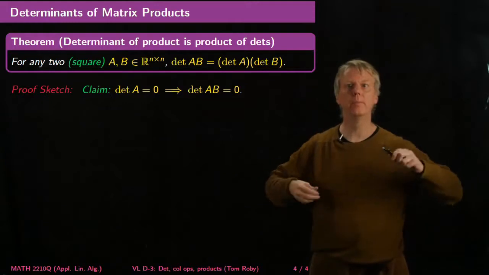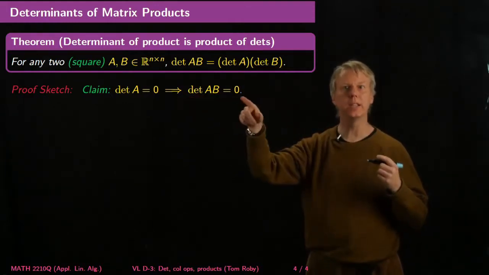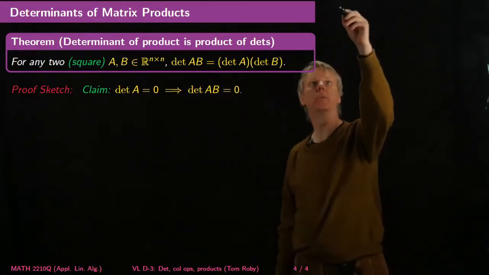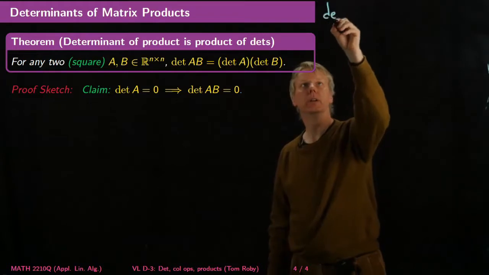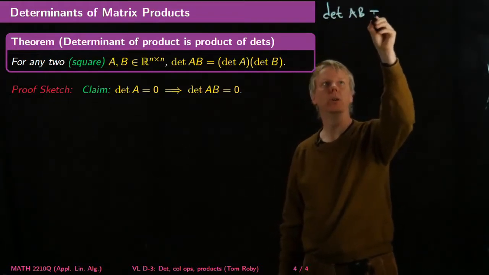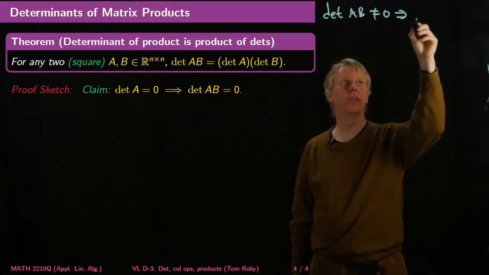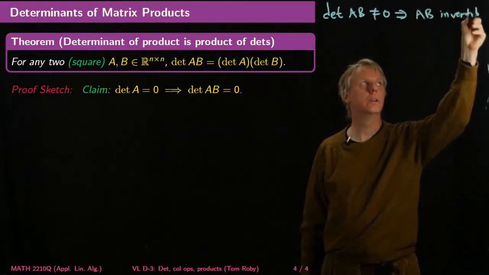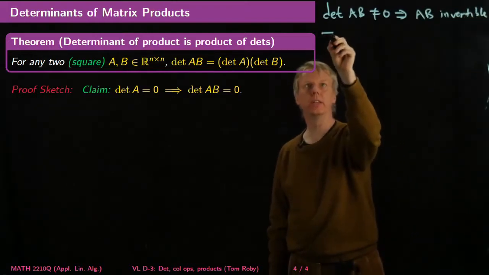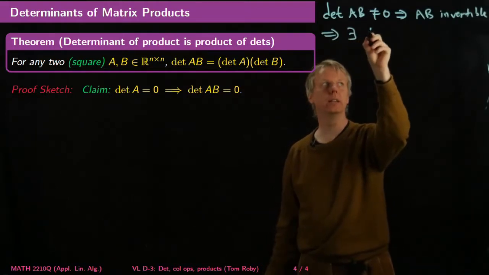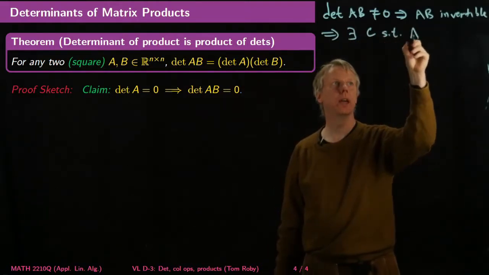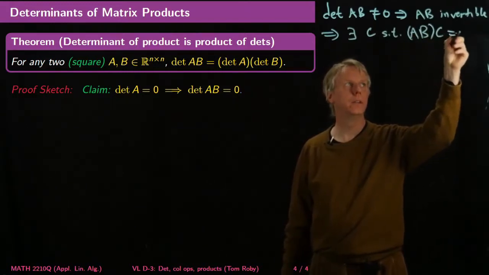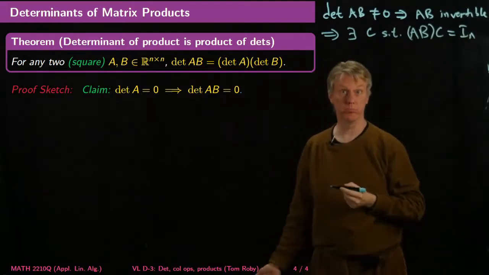Well, let's look at proving the other way. Suppose that the determinant of AB was not 0. Then AB would be invertible, by the invertible matrix theorem. So if the determinant of AB were not equal to 0, that would imply that AB was invertible. And what does that mean? Just by definition, that means that there exists a matrix C such that AB times C is equal to the n by n identity matrix, right?